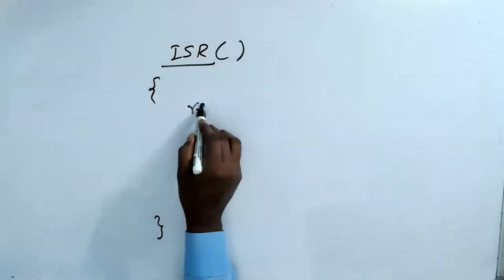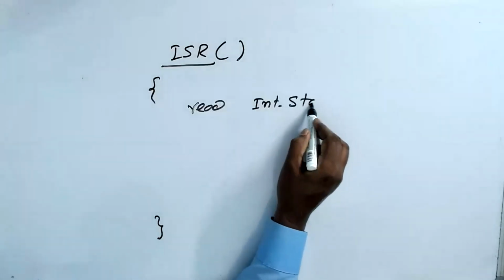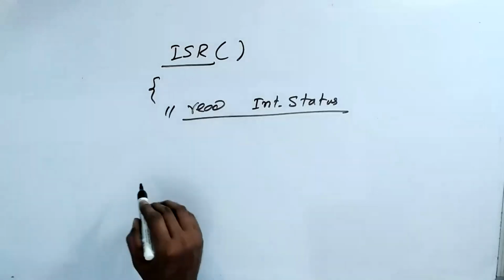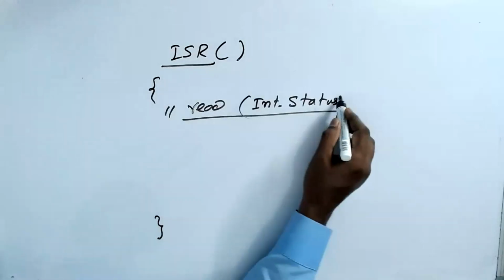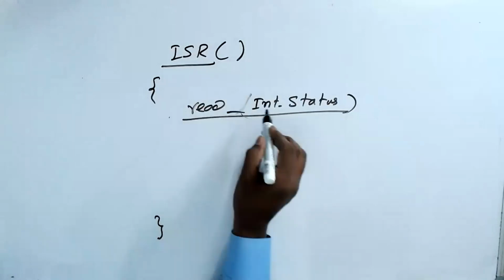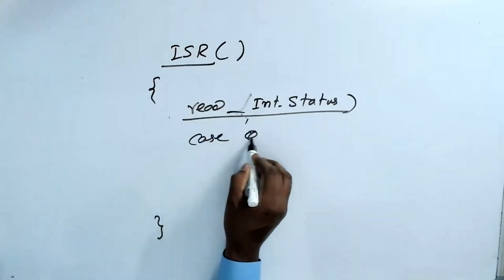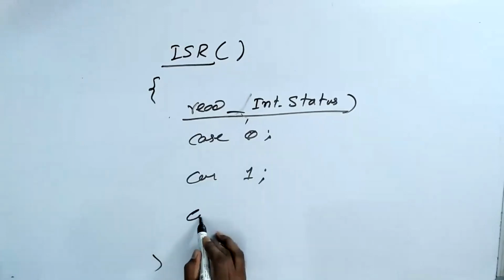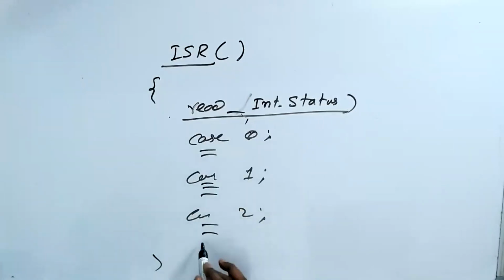That reads the interrupt status. Based on that, case 0 means go here, case 1 means go here. Based on the interrupt, it will jump to the right function. So there is only one ISR.